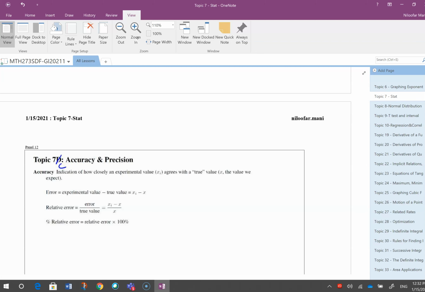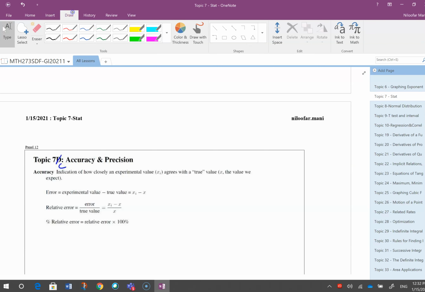So how do I calculate accuracy? As I said, accuracy is when the data is close to the real value. So I find my data, or the data that you find, and what you calculate is xi.